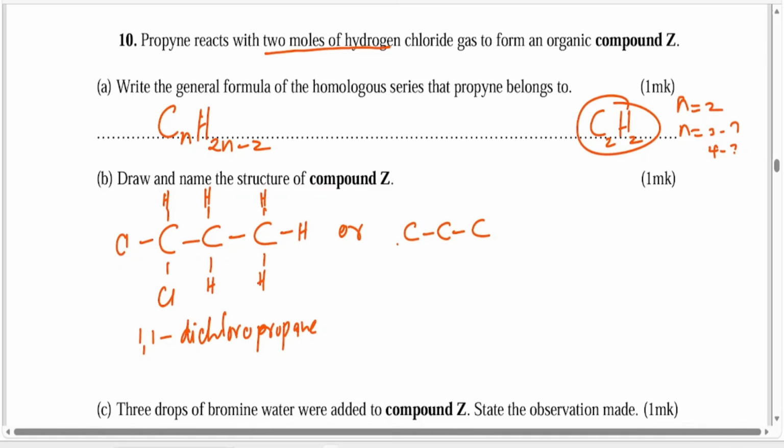We may have the chlorines attaching on the second carbon, and then these are hydrogens. These are hydrogens, and the name becomes 2,2-dichloropropane.